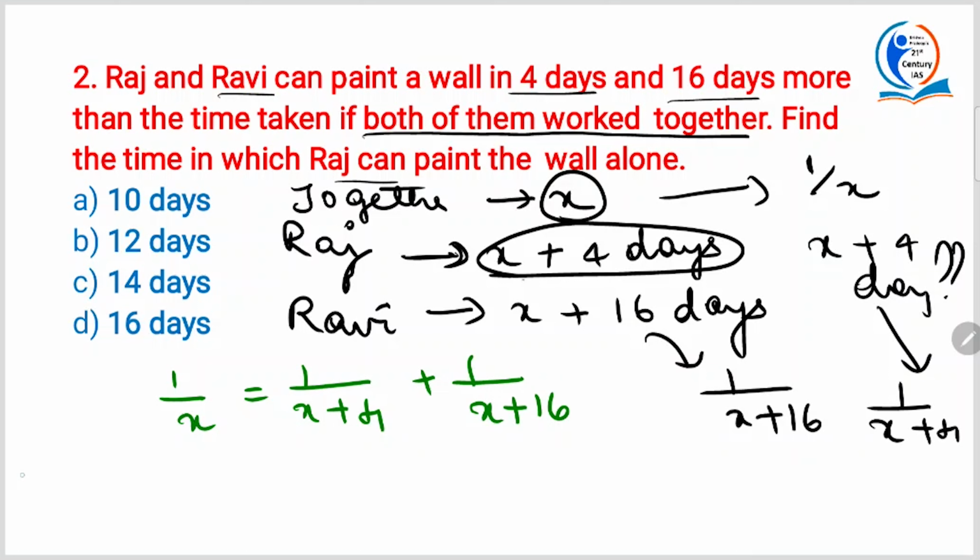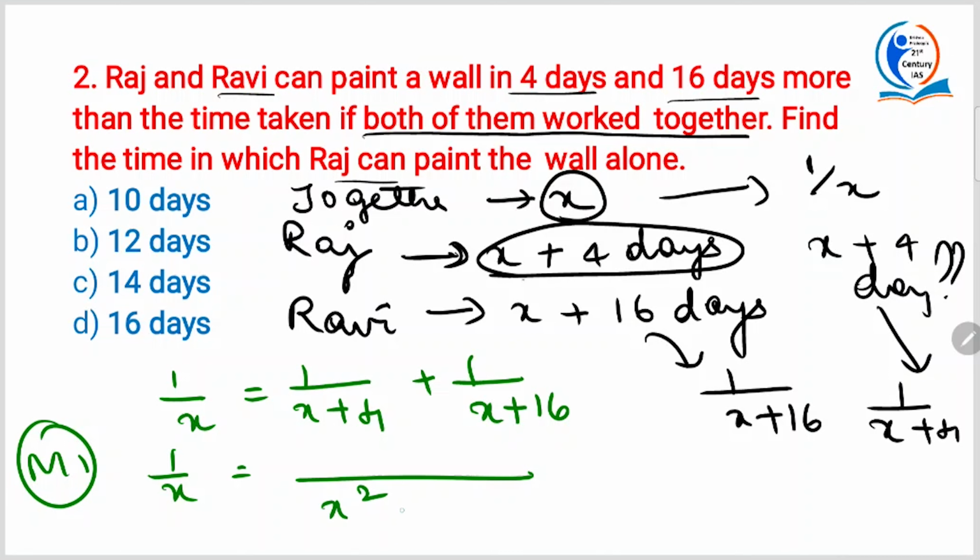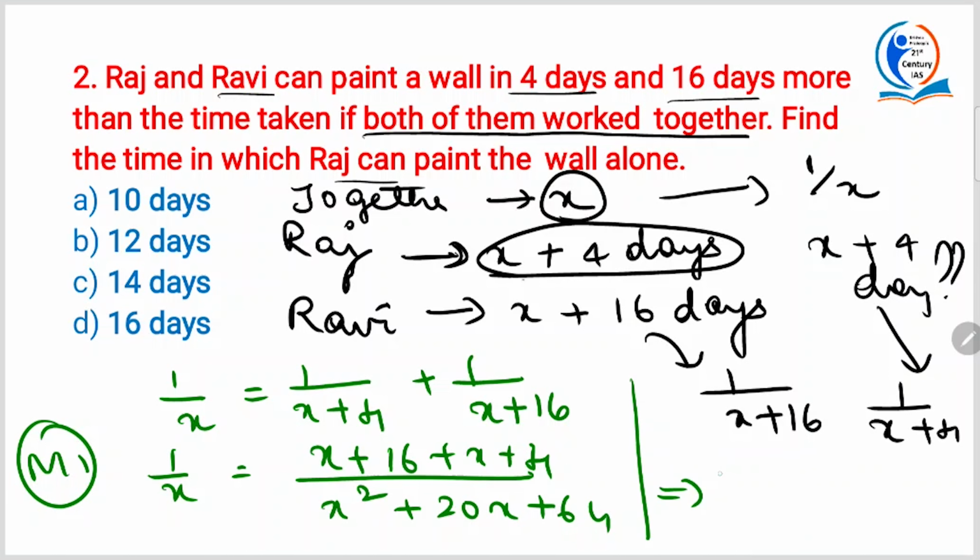So method 1 is you will take the LCM. What is the LCM here? It is x square plus 20x plus 64. Multiplying this, you will get x plus 16 plus x plus 4, and this will translate to x square plus 20x plus 64 is equal to 2x square plus 20x.